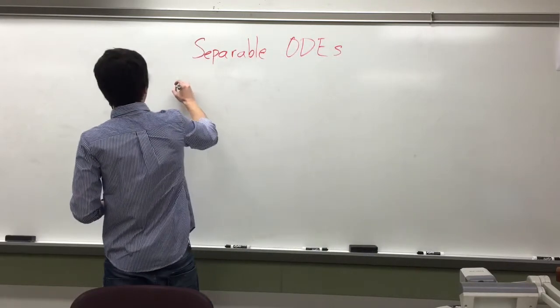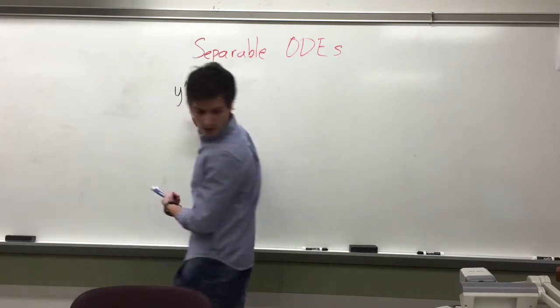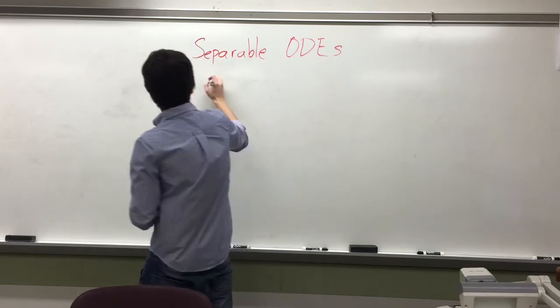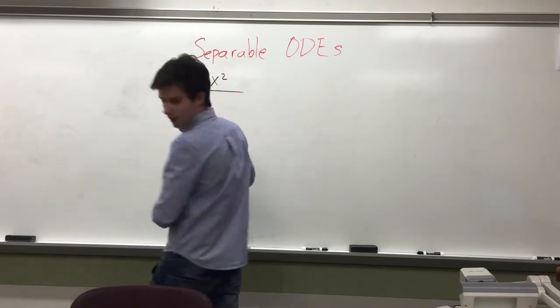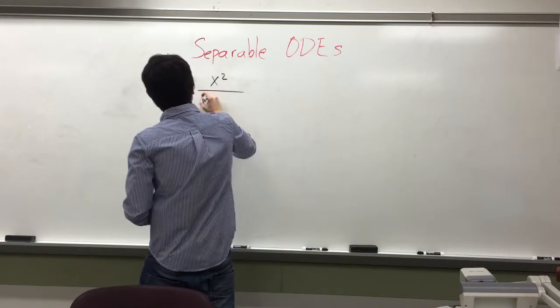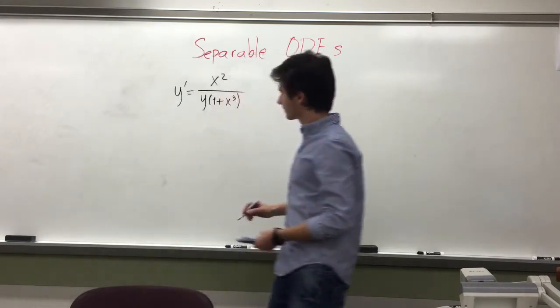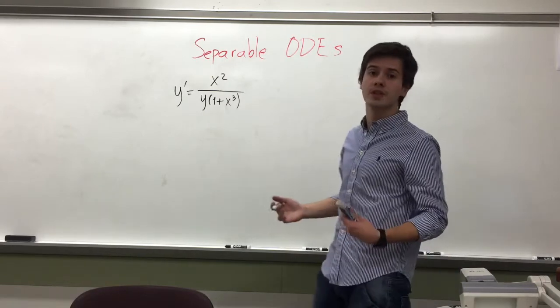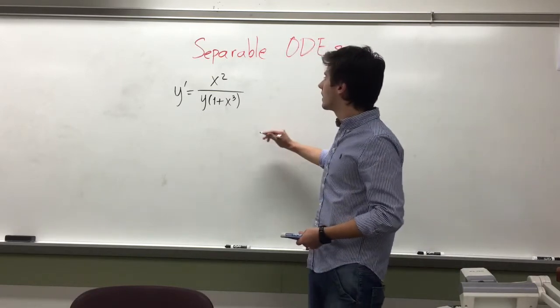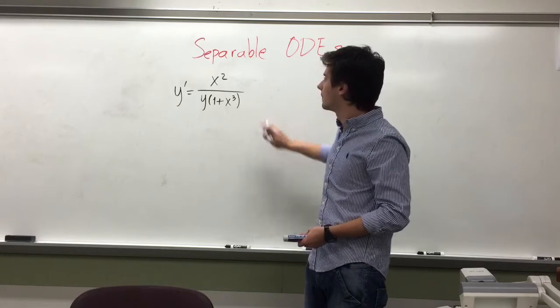So in this example, we have y prime is equal to x squared over y times 1 plus x cubed. So this is our example. The first thing we do is we check if this ODE is linear or not.